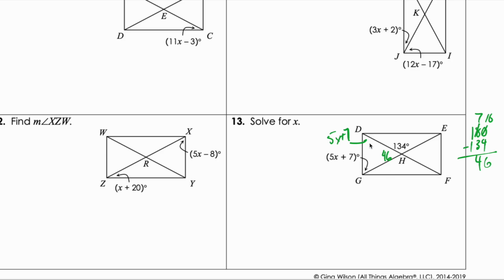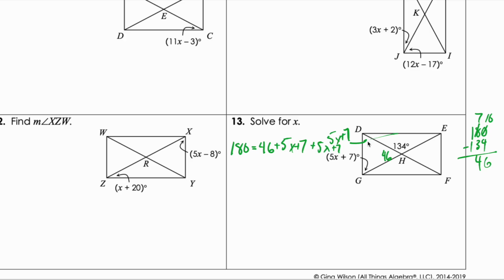Now I can set up my equation so that I can solve for x. Remember, all three angles add up to 180. So 180 equals our first angle, which is 46, plus our second angle, which is 5x plus 7, and our third angle is also 5x plus 7.